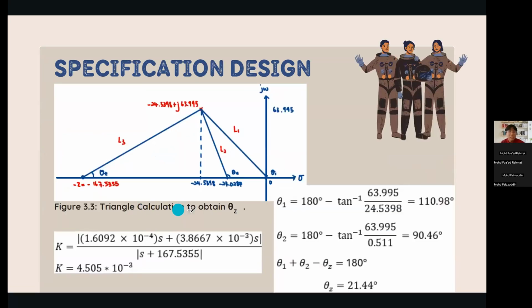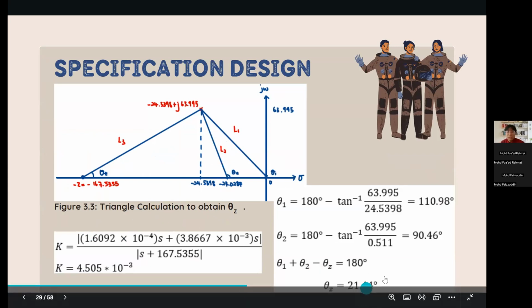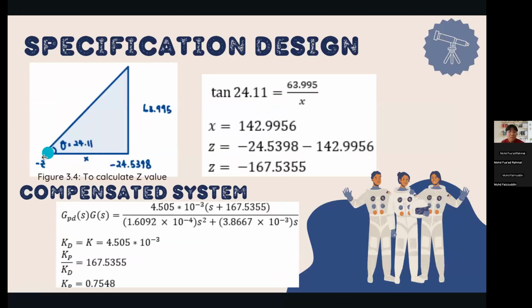This is to calculate theta z by using the triangular calculation. So we get theta z is 31.44, and from here we can get the z value, which is negative 167.